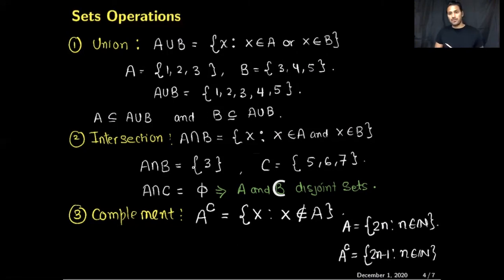So the complement of the set of even natural numbers is the set of odd natural numbers.